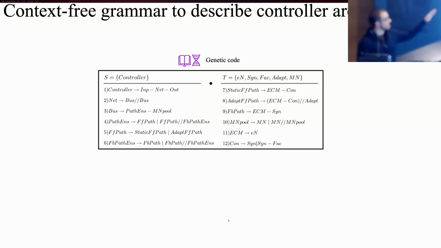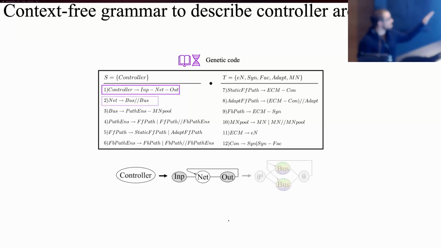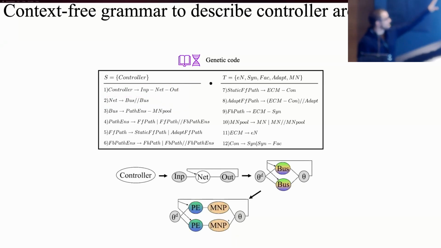I will not dig very deep into this, but the idea is that the first couple of rules generate this overall general structure of the controllers. As you can see here, we have an input, the desired target angle for the joint, and an output, the current state of the joint. And there are two pathways, one that increases the control variable towards the target and one that decreases it.